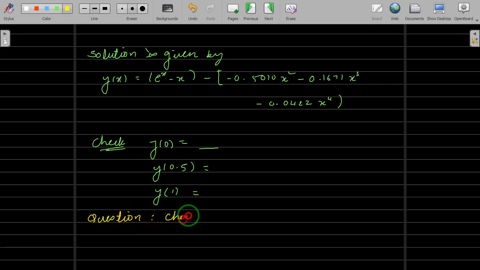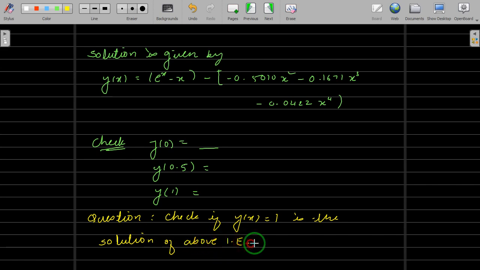Check if y of x is equal to 1 is the solution of above integral equation.